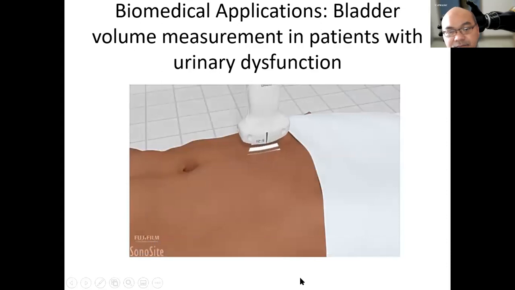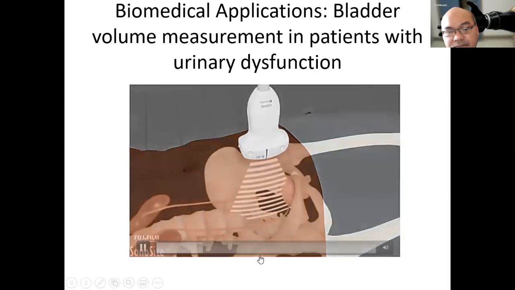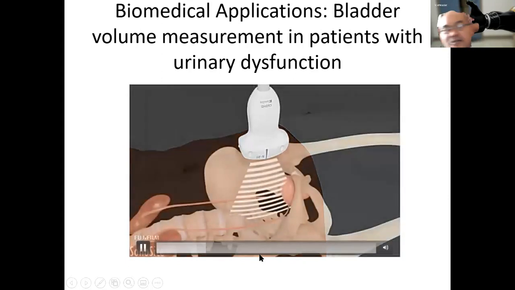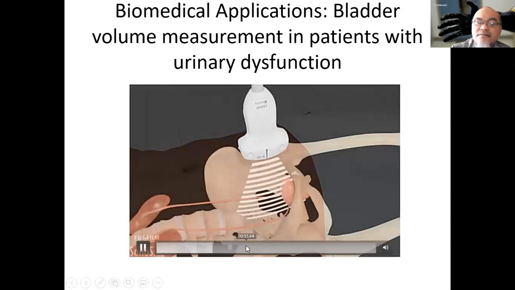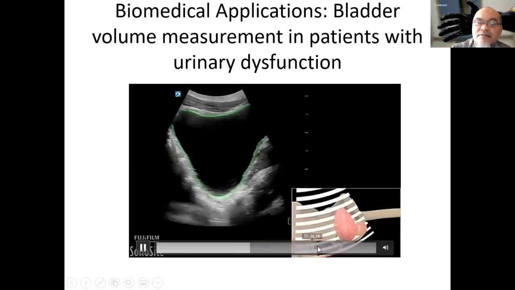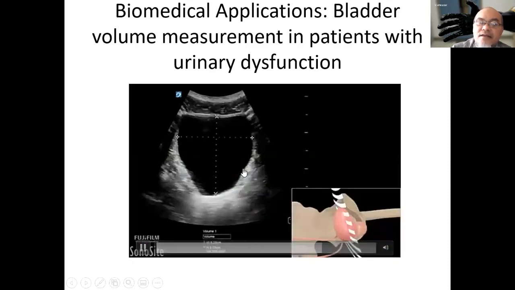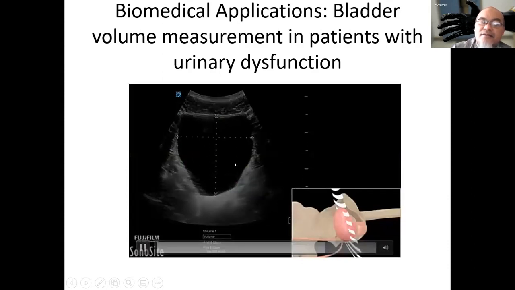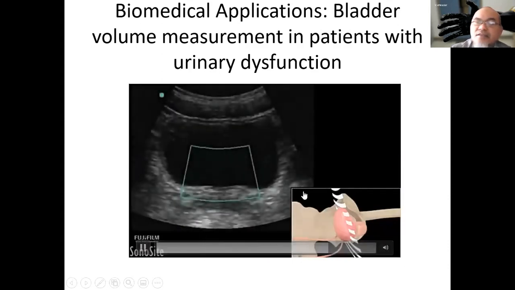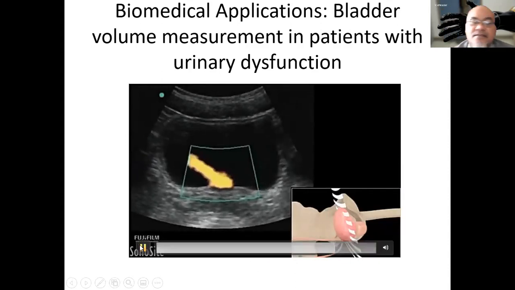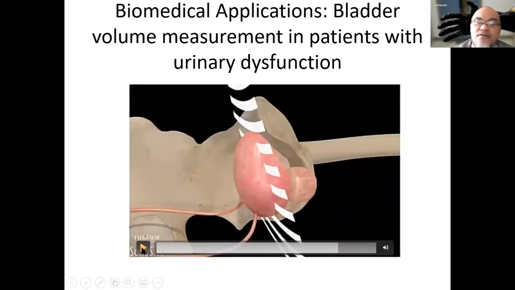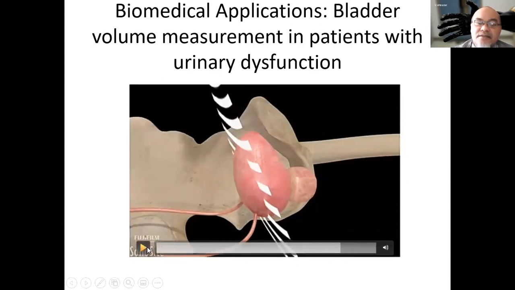The transducer is placed in a longitudinal orientation in the midline at the level of the symphysis pubis. The orientation marker is directed towards the patient's right. From the image, the doctor can estimate the volume of the bladder.